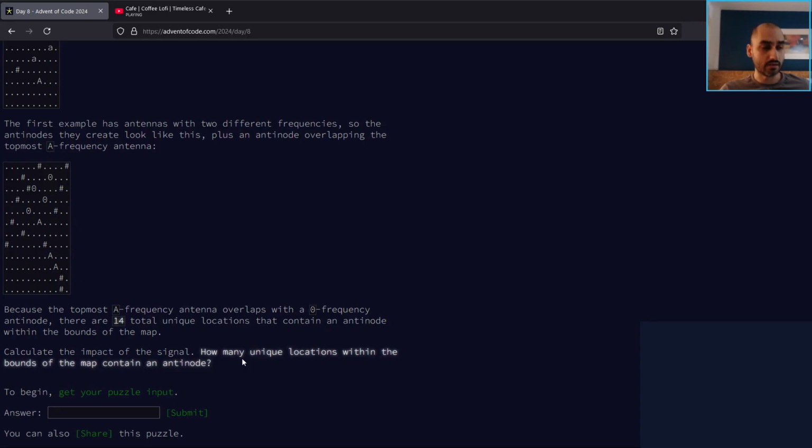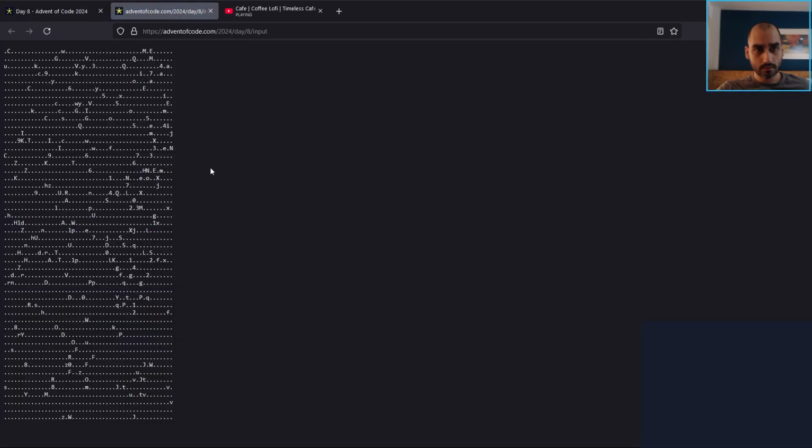Check whether they are in the grid, and then iterate over all pairs of one frequency. We don't want to iterate over all pairs of antennas, because we can cut that down just by restricting to all pairs within one frequency group. Okay, I think that's basically the algorithm.